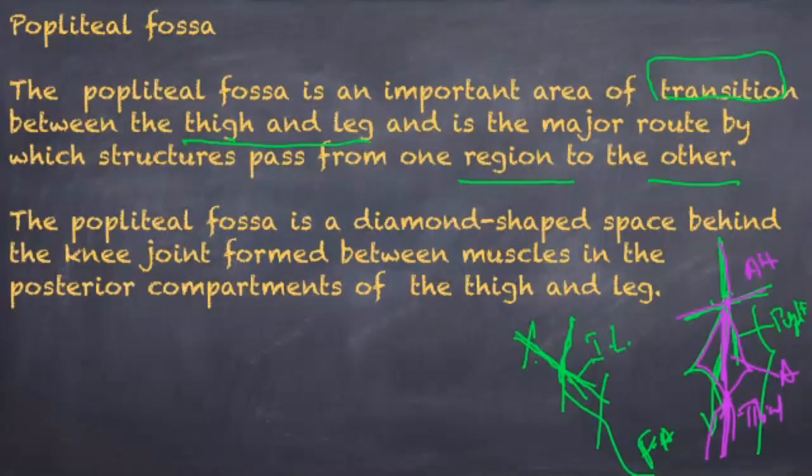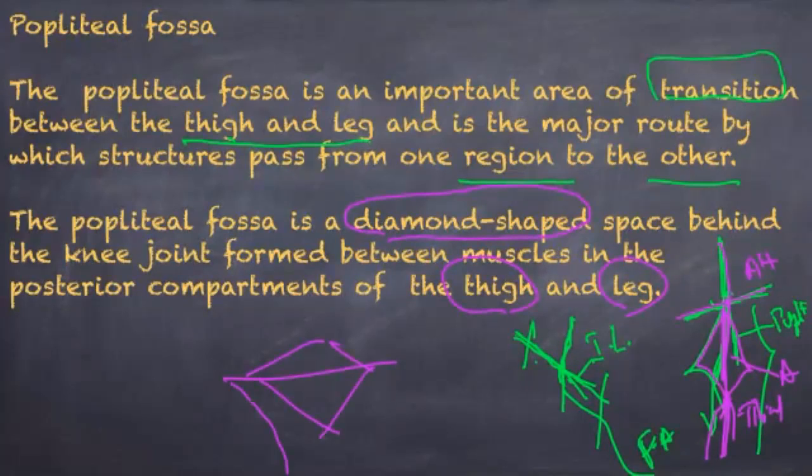So the popliteal fossa is a diamond-shaped space behind the knee joint, formed between the muscles in the posterior compartments of the thigh and leg. That means the posterior compartment of the thigh, this is thigh, and this is leg.